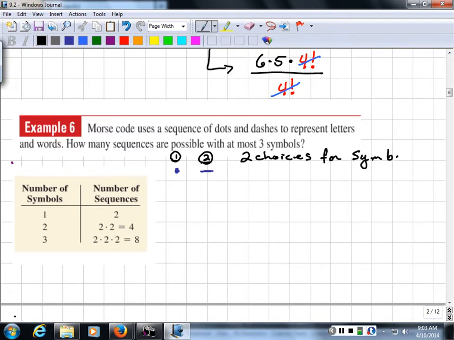But I can string together as many as I want. The question says, how many sequences are possible with at most 3 symbols?